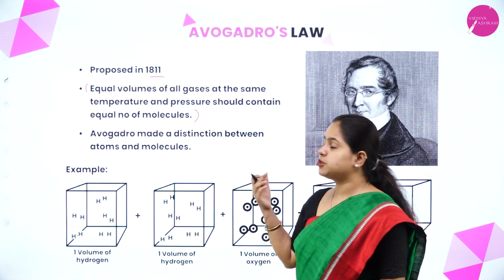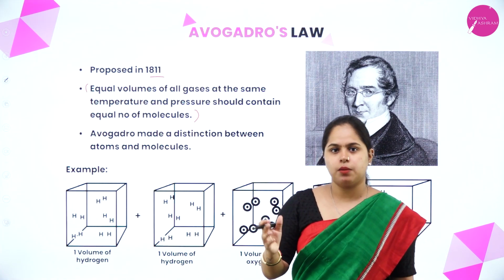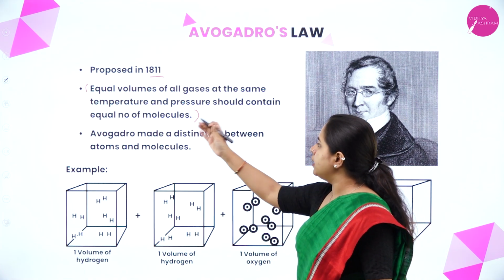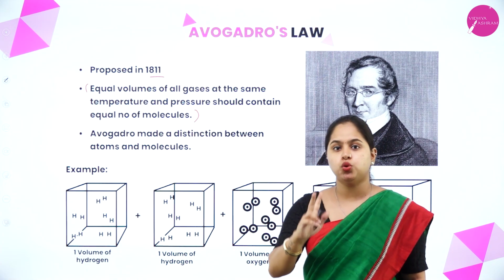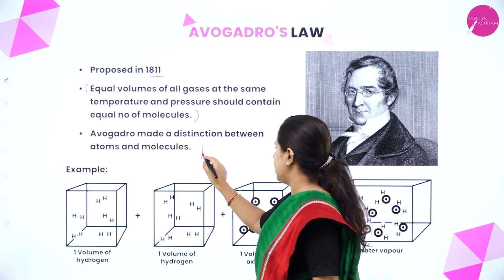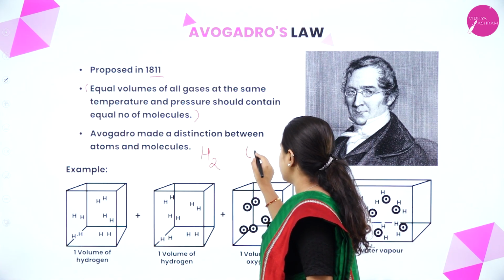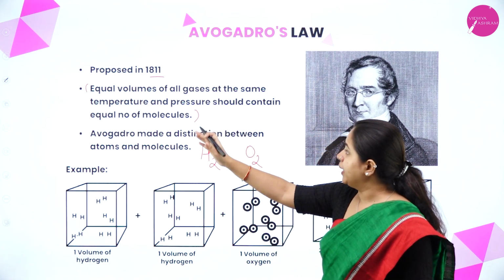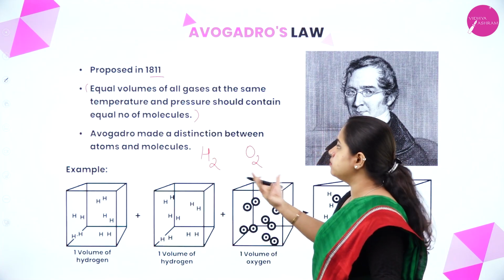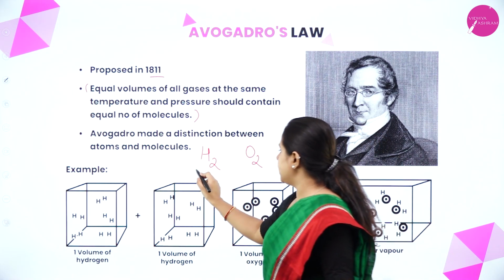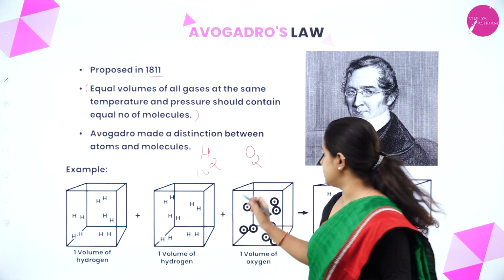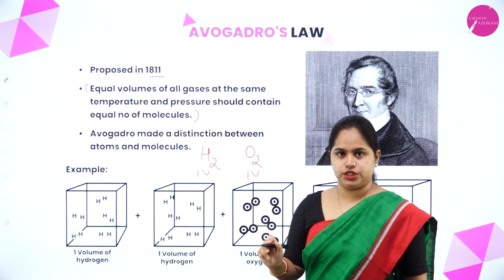So what does this statement mean? Let us take an example and understand it. Under the same temperature and pressure conditions, I am taking two different gases. Let us take hydrogen and oxygen gas, in equal volumes. Let us say I am taking 1 volume of hydrogen gas and 1 volume of oxygen gas.